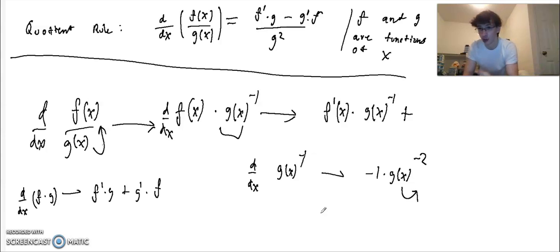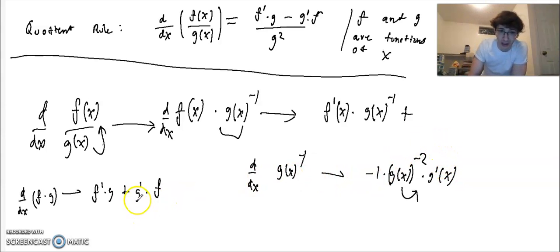But it could be x cubed or something. So we do need to take into account the chain rule and also multiply by the derivative of the inside. So you can think of this as a power on the outside with a function inside. Hopefully that makes sense. And all of that is just this g prime part.